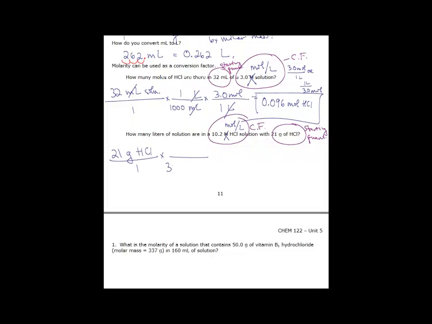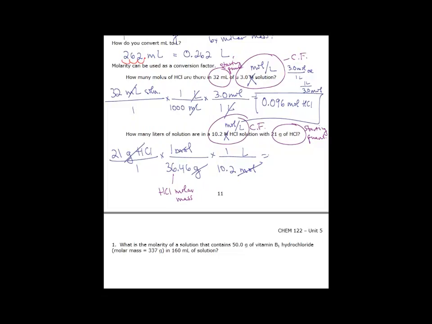So if you look up the molar mass for HCl, it's 36.46 grams per 1 mole. So this is the HCl molar mass. Grams cancels out. Now we're in moles. So you can use molarity. So 10.2 and moles will always stay together. So I need to use molarity like this. So the 10.2 stays with moles. 1 goes with the liters.